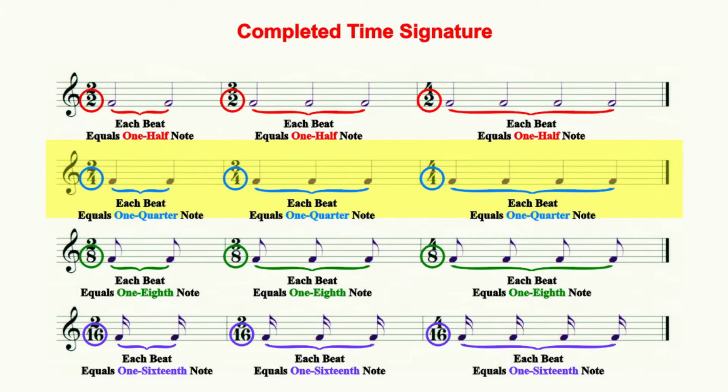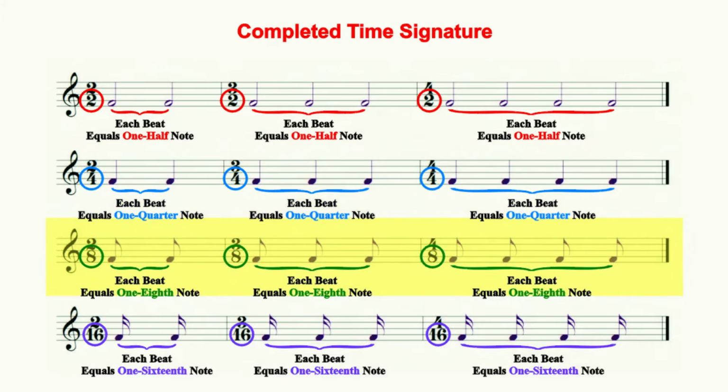A 4 indicates the value of a quarter note, and a time signature of 2-4, 3-4, or 4-4 indicates 2, 3, or 4 beats per measure, with each beat having a value of one quarter note. An 8 indicates the value of an eighth note, and a time signature of 2-8, 3-8, or 4-8 indicates 2, 3, or 4 beats per measure, with each beat having the value of one eighth note.